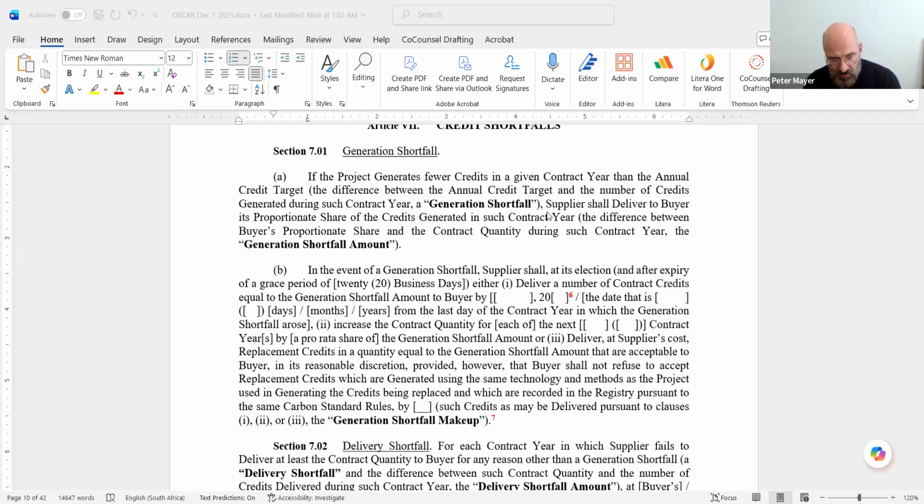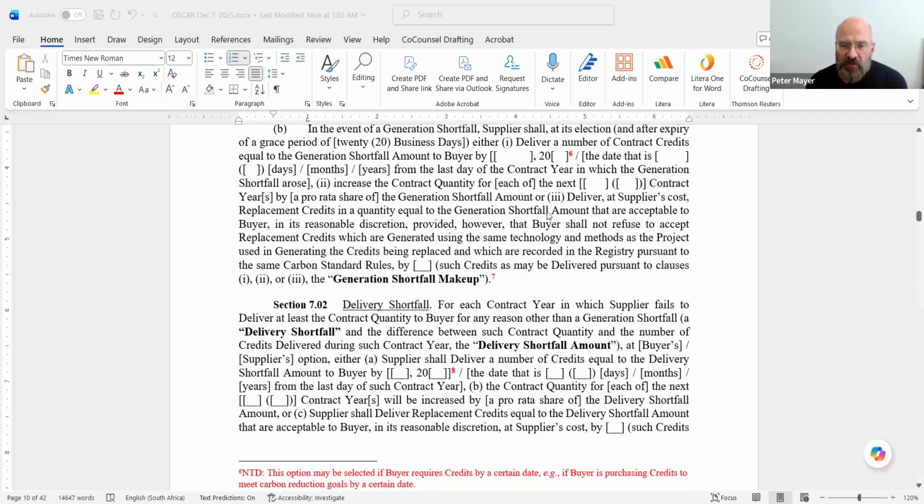That's a generation shortfall. A delivery shortfall is that the removal does happen, but the credits aren't being delivered to the buyer. That could be an issue because of the verification process, an issue with the registry, right? And they are slightly different. There have been, in the consequences, there are some nuances here.